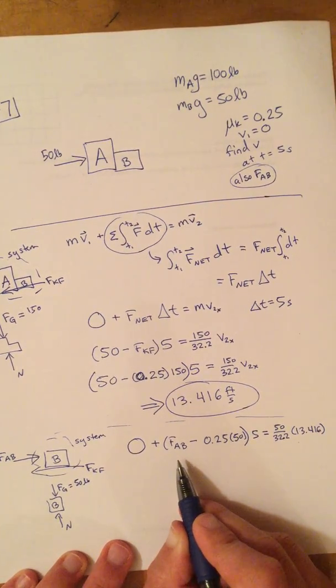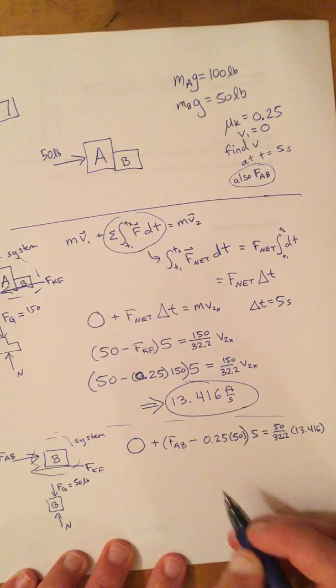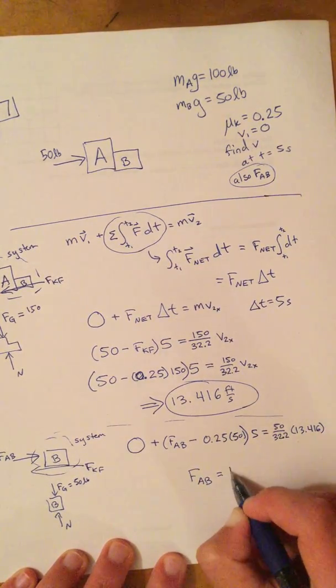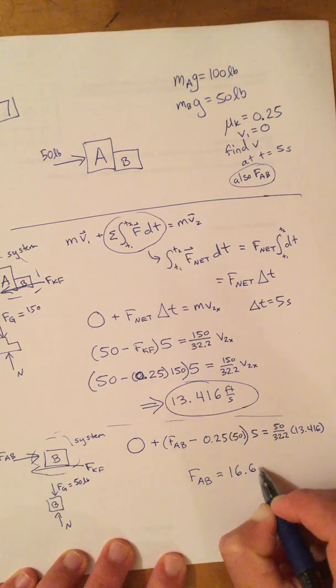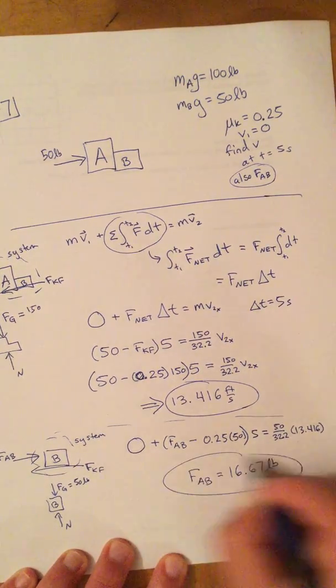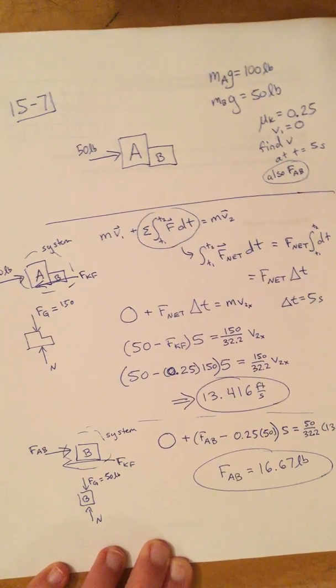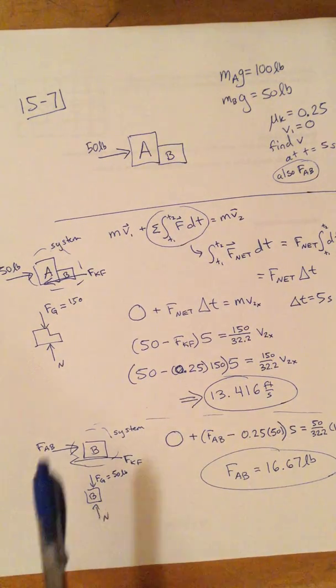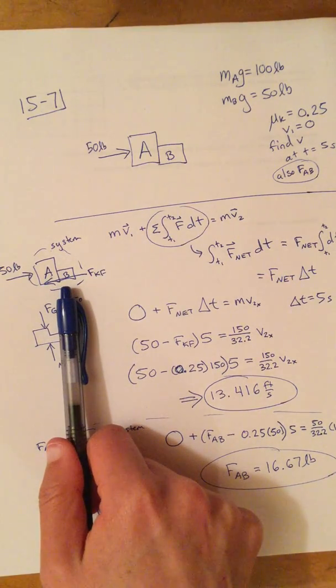I will leave the math for you to work out on your own, and you should get that the force A exerts on B is 16.67 pounds.